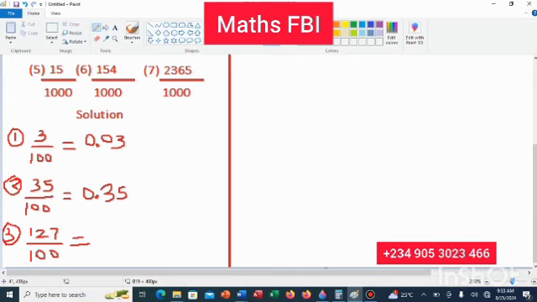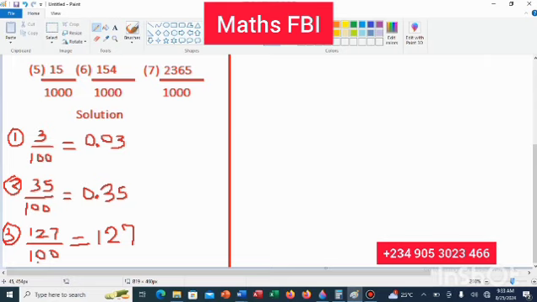Because 127 is greater than 100, you write out your numerator, 127. Okay, so where do we insert our decimal point?